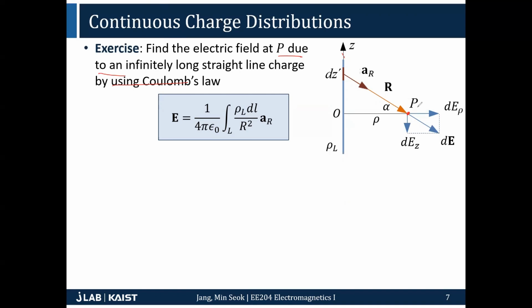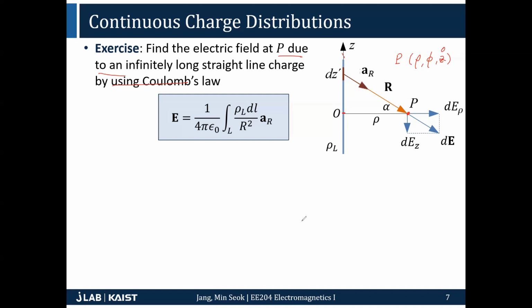Of course, we are supposed to use the cylindrical coordinate system. That might be most useful. Then the position of P should be defined as rho, phi, z. But here it's connected to the origin, so z is 0.